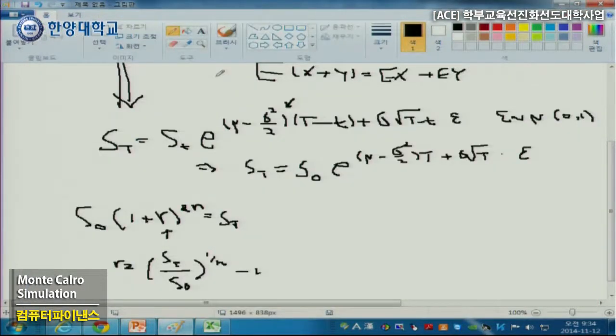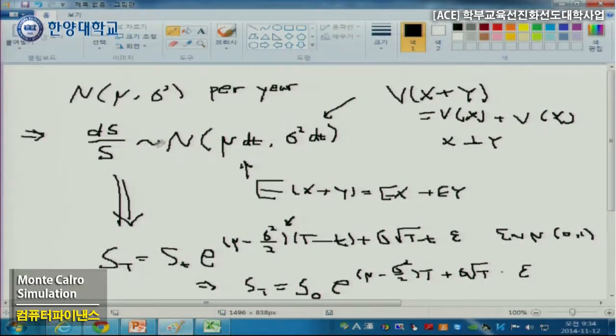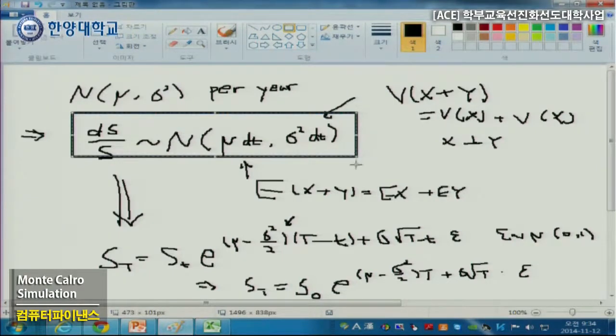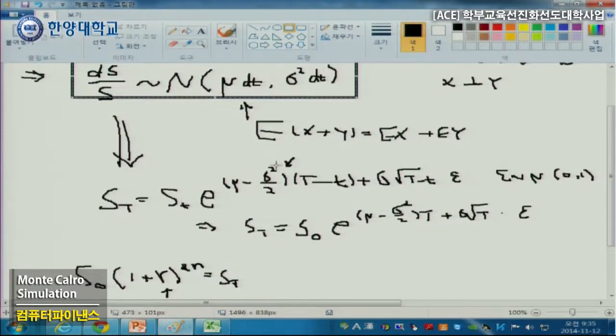Even if the stock price follows this process, so the average return per year is mu and the variance is sigma squared, if we have high variance, the actual money we make should be lower. This is taken into account in this part.